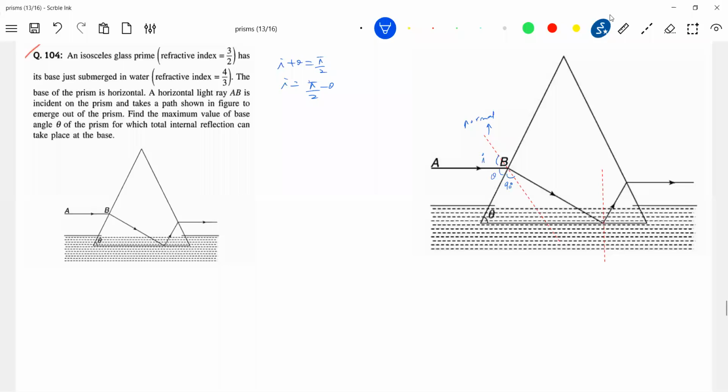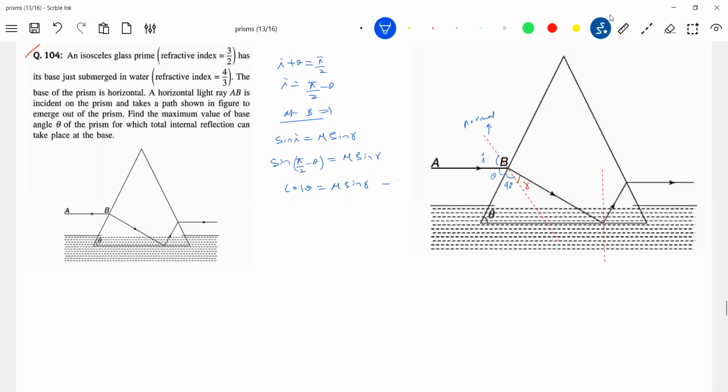Let this angle be R. Let me apply Snell's law at B. At B, sin I is equal to mu sin R. Sin I will be sine of pi by 2 minus theta, so this will be cos theta equal to mu sin R.